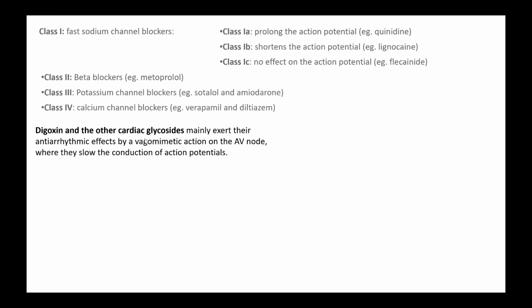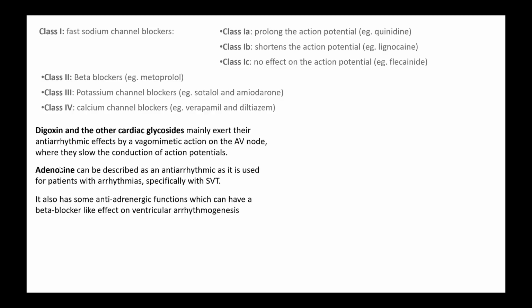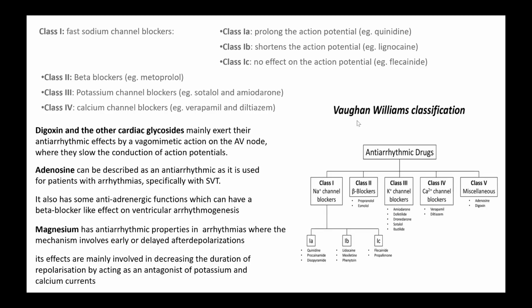These are the drugs which are not included, like digoxin, adenosine, magnesium, and what is the fourth one? So this is how the classification is done.